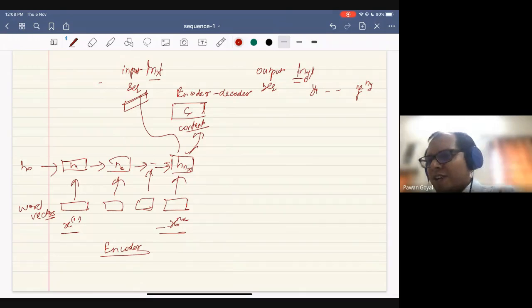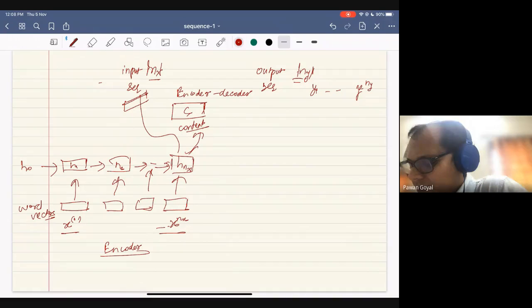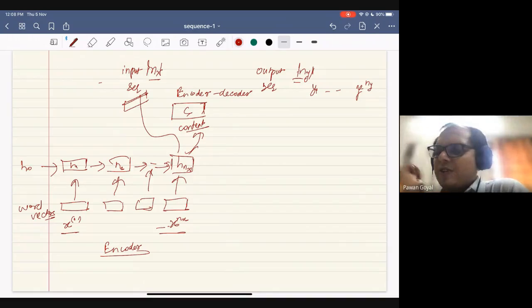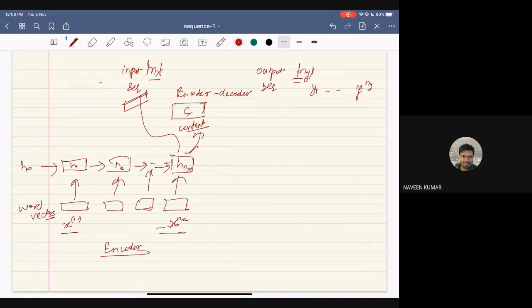Now how will you get your decoder? How would you decode into a sequence of length ny? From the context, use an RNN to get the hidden states. Yes.